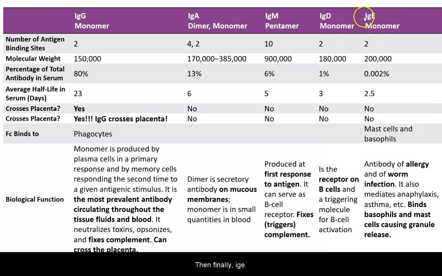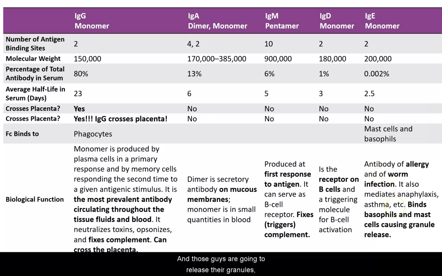And then finally, IgE. I want you to know a little bit about IgE. I want you to know that it's the antibody involved in allergic reactions and also in parasitic worm infection. So what IgE is going to do is it's going to bind that antigen, and then it's going to have its FC portion bind to basophils and mast cells.